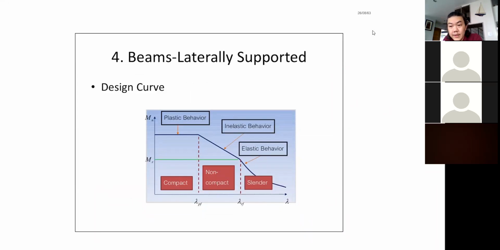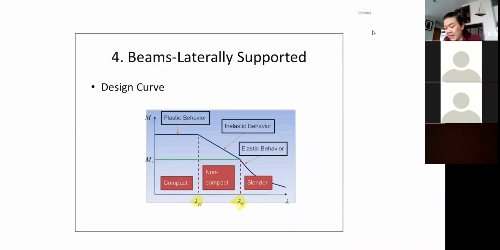But anyway, for the local buckling in your flexural members, there will be 3 sets of behavior, and when we have 3 sets, 3 zones, generally it means that you now have 2 limiting values.